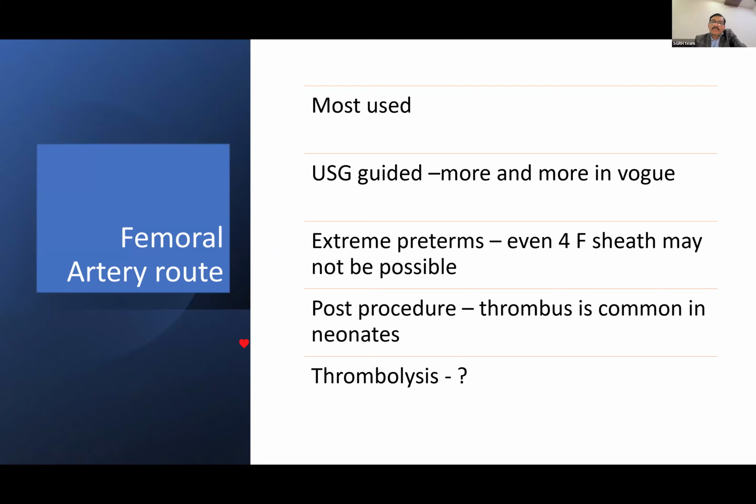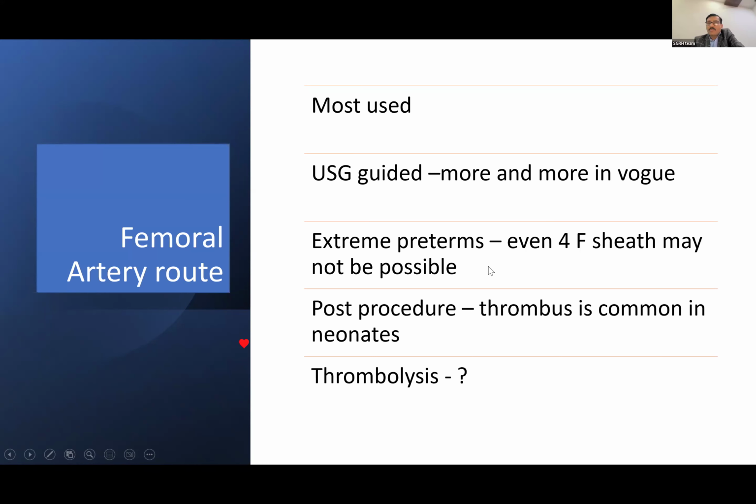This was a long time back, and I was not doing axillary and carotid in those stages, so we sent the patient for surgical repair. But remember, in extreme preterms, which are less than 1.5 kg, even 4 French may not go. In such cases, nowadays we use the axillary artery route. The axillary artery and carotid artery are much bigger than the femoral artery in coarctation.